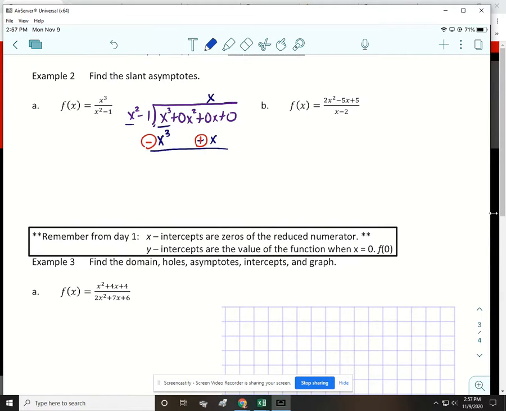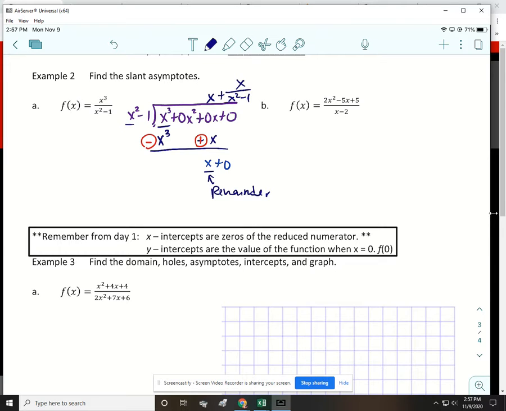All right, so 0 plus x is x, and I write down 0, which I don't really need. If I go to divide again, I ask myself, what do I multiply x squared by to get x? x squared is too big to become x. So this is our remainder. So we would do plus x over x squared minus 1.